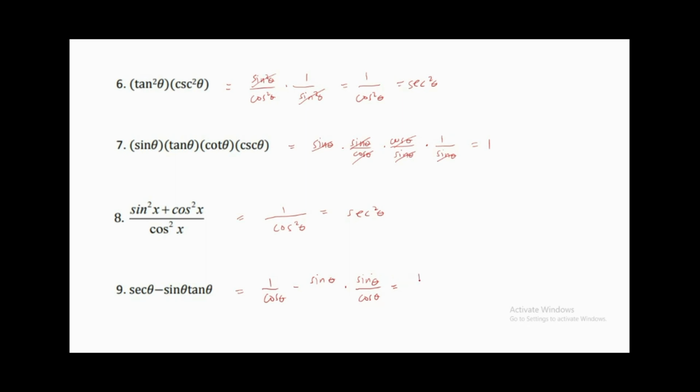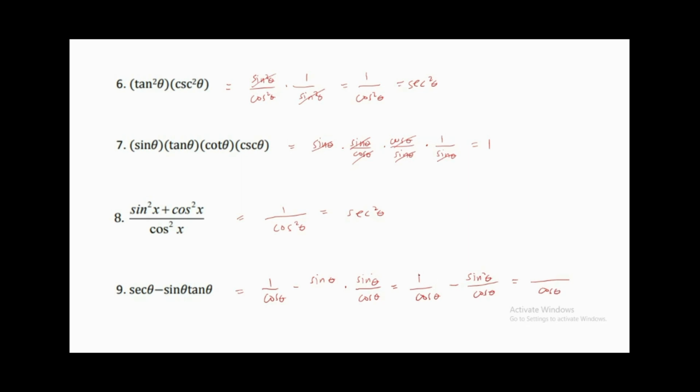And that becomes 1 over cosine theta minus sine times sine, that will be sine squared theta over cosine theta. Take note that they have the same denominator, so copy the denominator, which is the cosine.